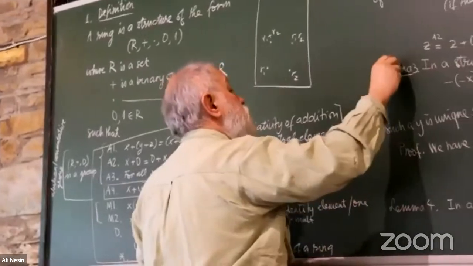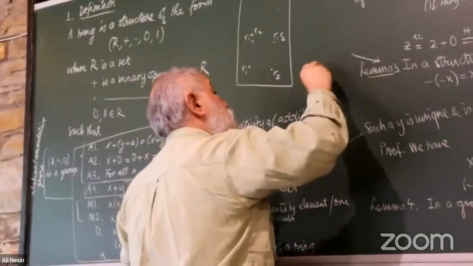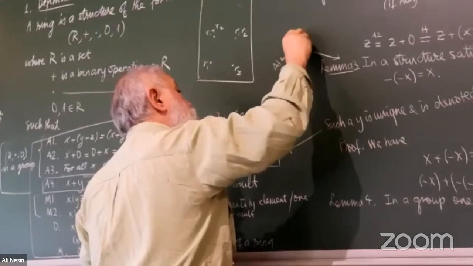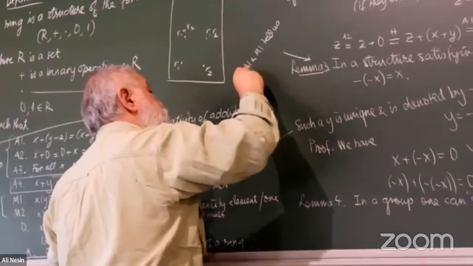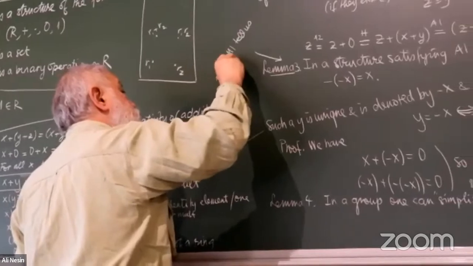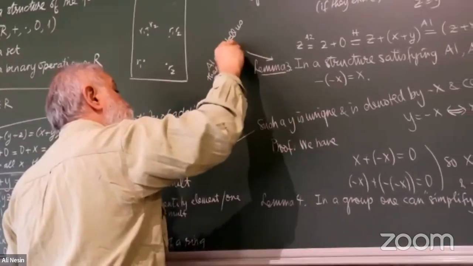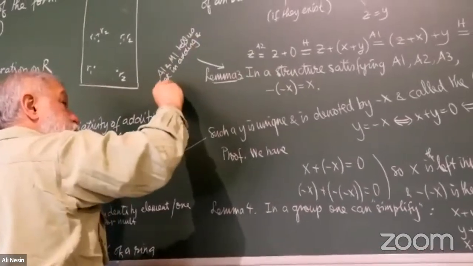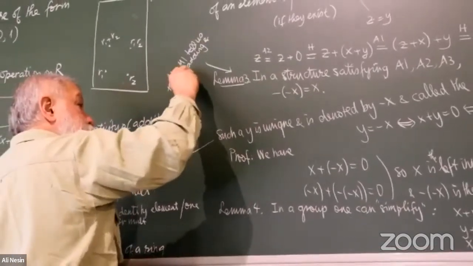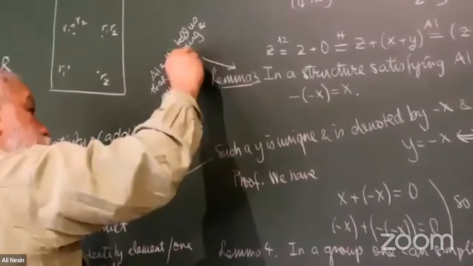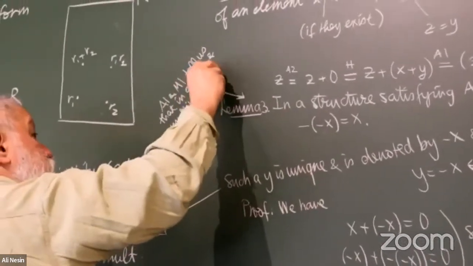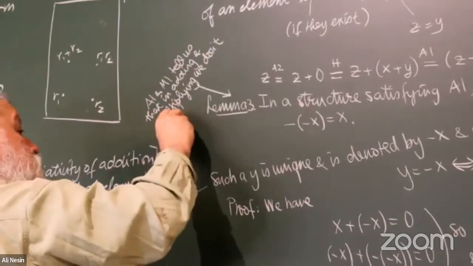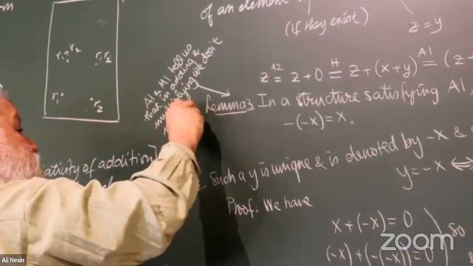A1 and M1 tell us that in adding and multiplying, we don't need parentheses.